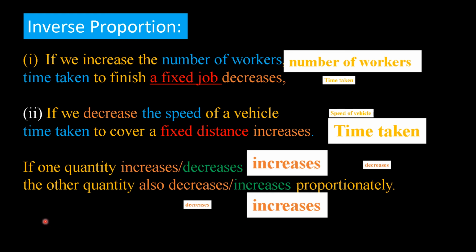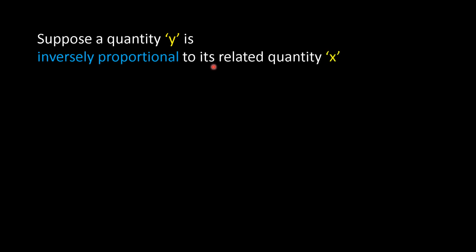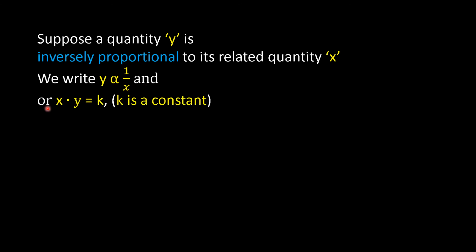When two quantities change in this manner, it is known as inverse proportion. Suppose a quantity y is inversely proportional to its related quantity x. We write it as y alpha 1 divided by x, or xy equals k, where k is a constant.